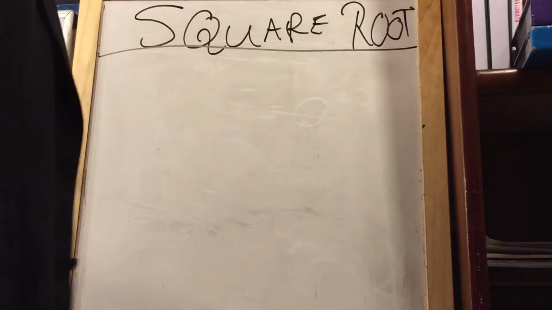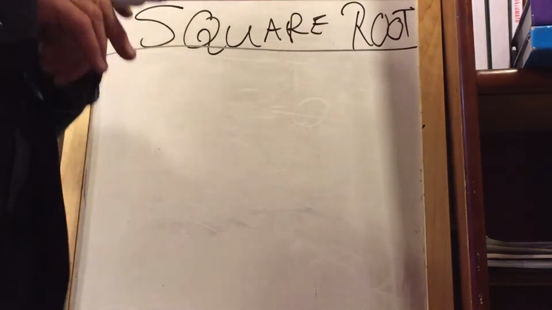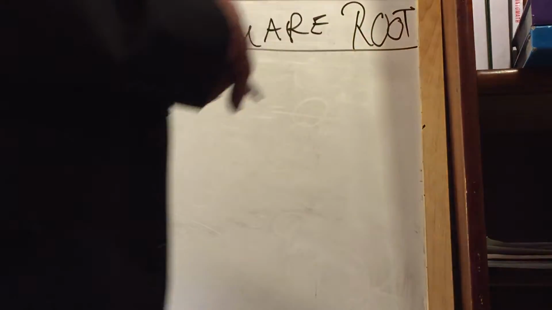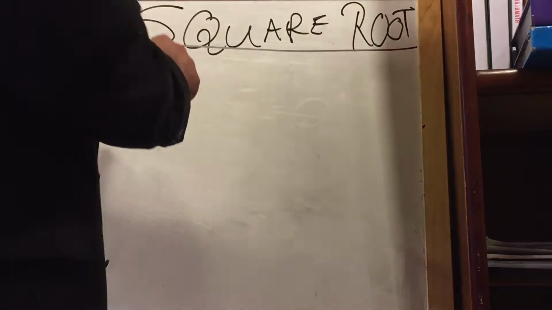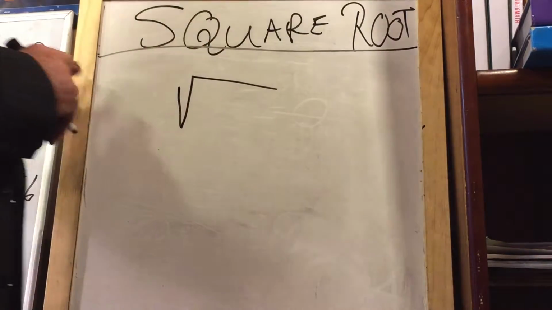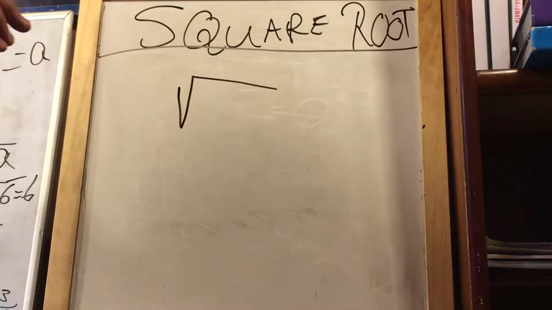Now, square root is the other way of exponent. It is the opposite of exponent, if you will. The symbol for square root is this one here. This is called the square root. Some people call it radical.